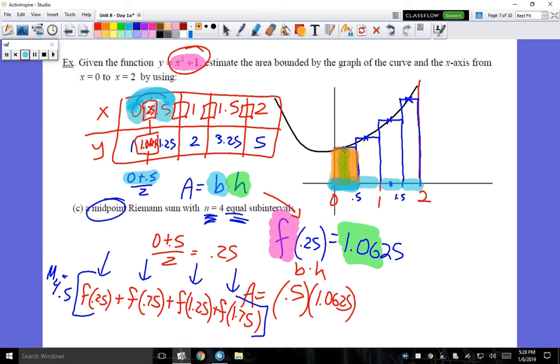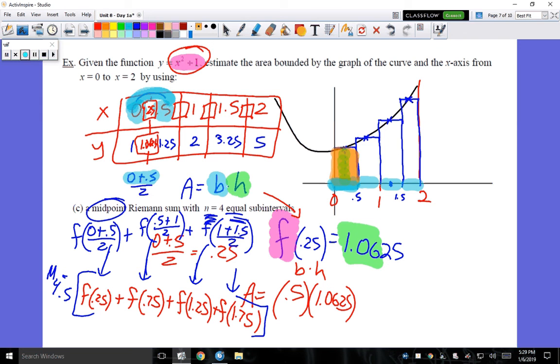Otherwise, you'd have to put f of (0 plus 0.5) divided by 2, plus f of (0.5 plus 1) divided by 2, plus f of (1 plus 1.5) divided by 2, and so on and so forth. All of those represent what you already have there. I didn't write that last one, but that's what you would get.